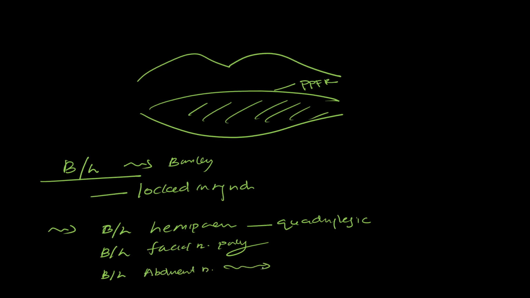In fact, this can be termed as bilateral horizontal gaze palsy, because all these are not working. Both PPRF, medial longitudinal fasciculus, as well as the sixth cranial nerve are not working now. Therefore, bilateral horizontal gaze palsy.